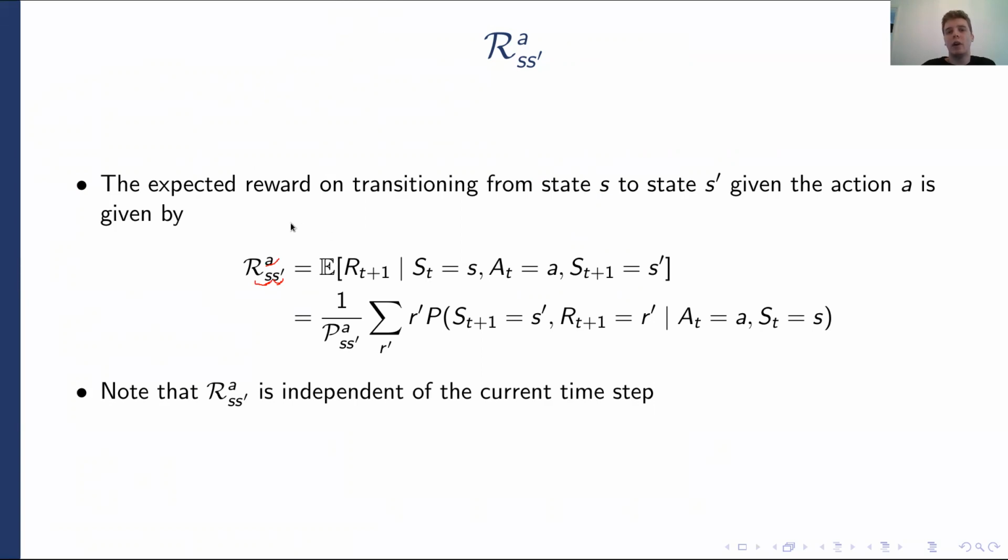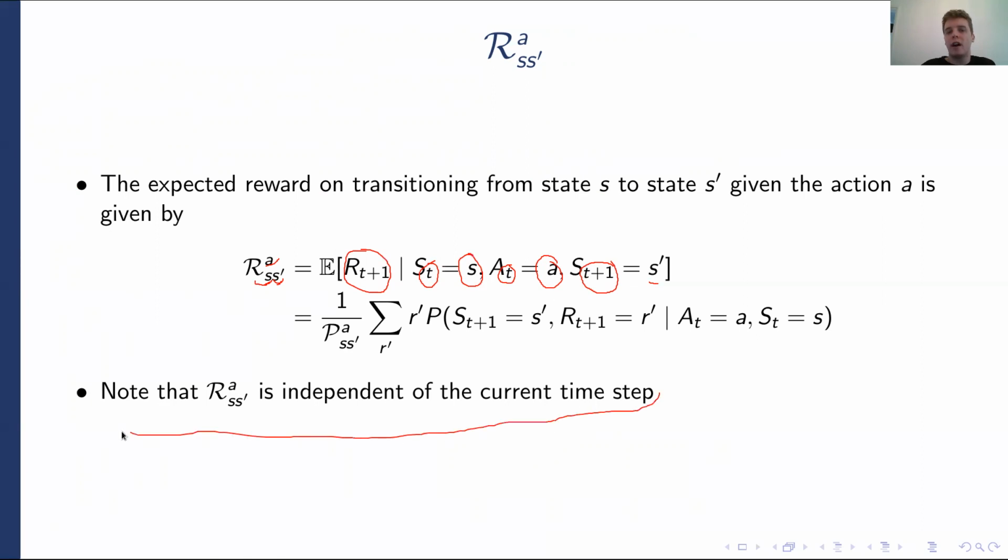So you can write it down in this way. You can say that it's the expected reward at time step t+1, given being at state s at time step t, taking action a at time step t, and having observed state s' at time step t+1.